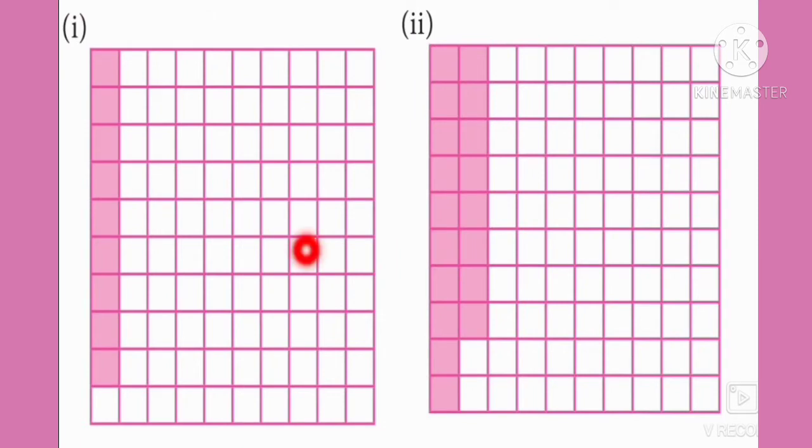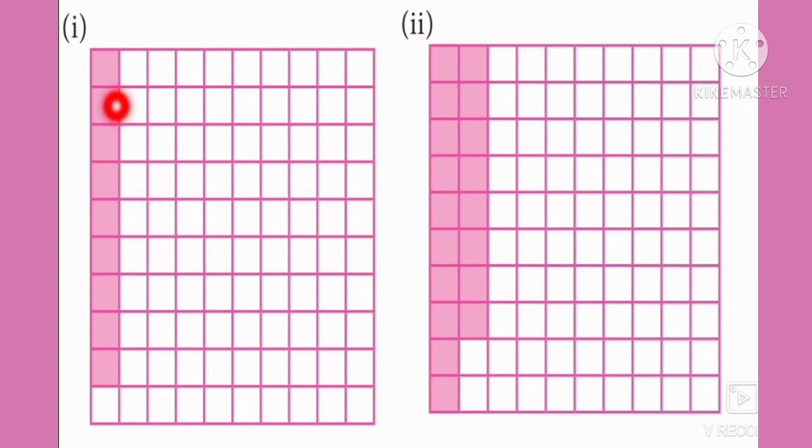In each figure there are 100 boxes, that is 10 columns, and in each column there are 10 boxes. So totally 100 boxes.